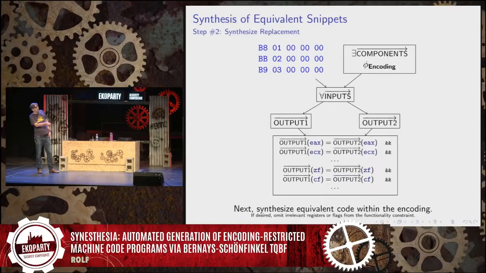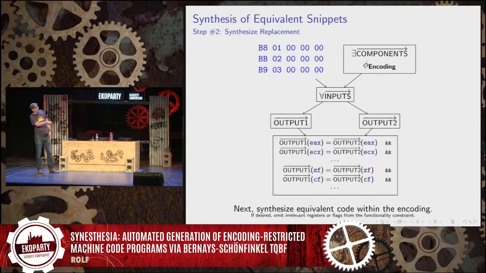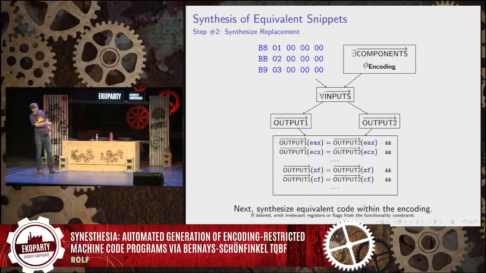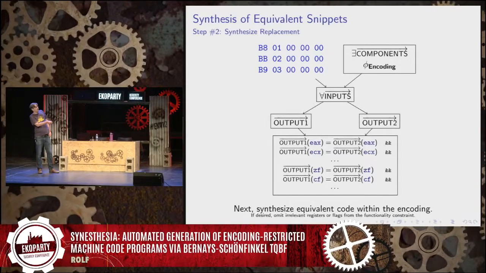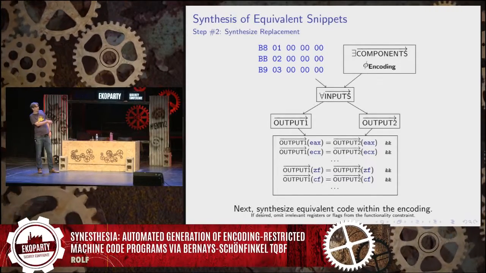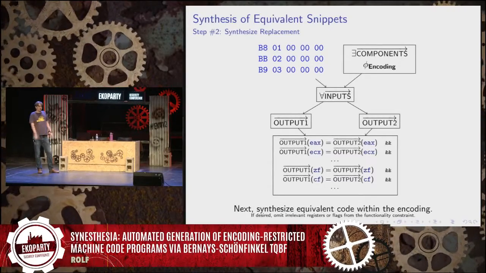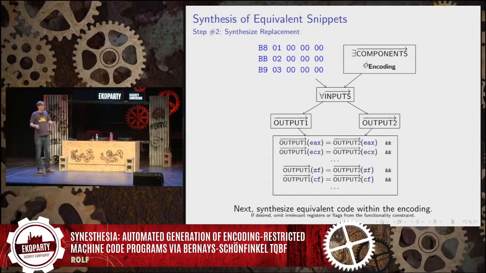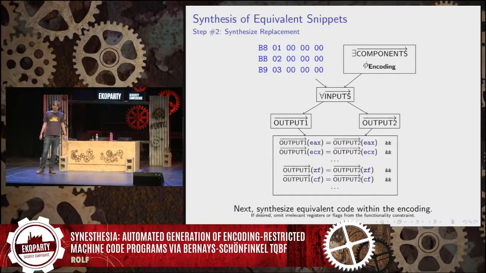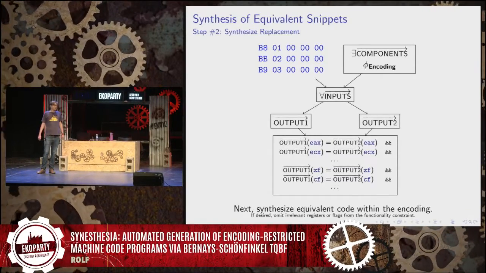Then I say, the effect of the machine language program must be such that it has the same effect on the output of the EAX register as the other program, and it has the same effect on the output of the ECX register as the other program, and so on. So just automatically derive a functionality constraint, and then use that to synthesize a new program.